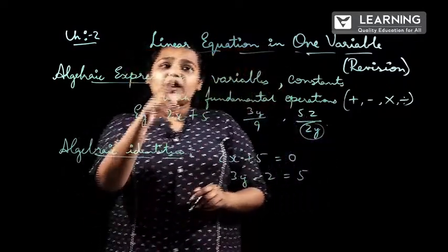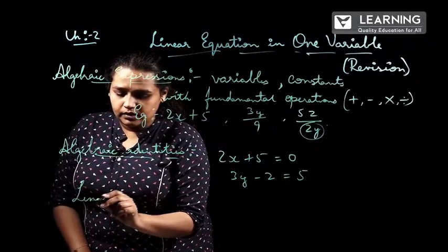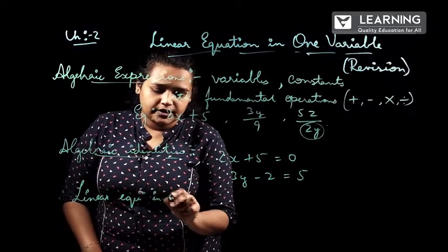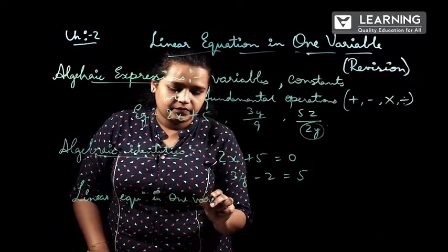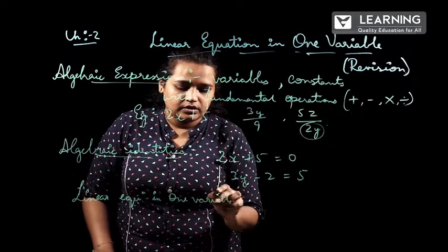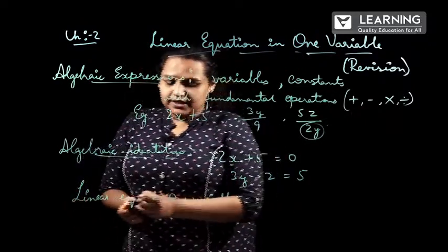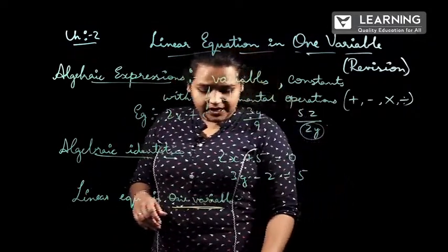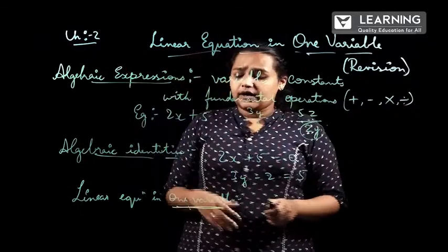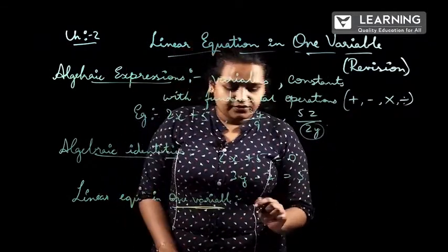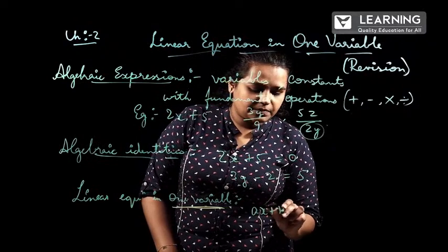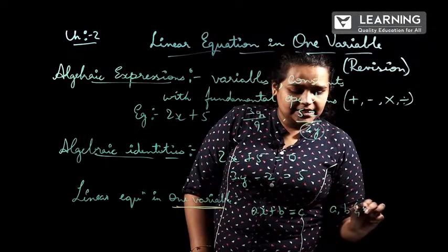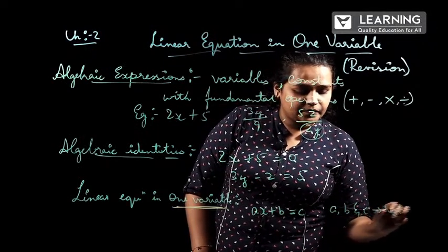So linear equation in one variable. As the name says, in one variable. So here we'll be using just one variable, right? Here this is in the form of ax plus b is equal to c, where a, b and c are real numbers.